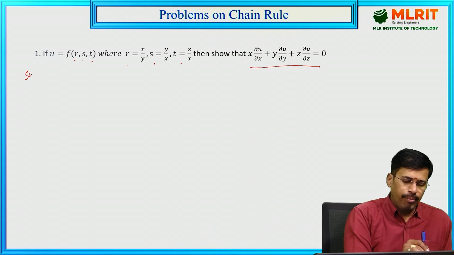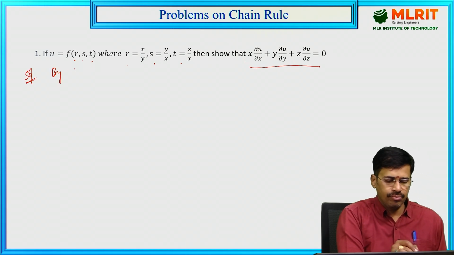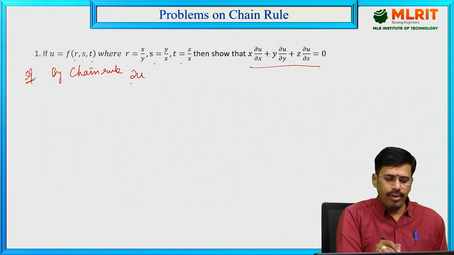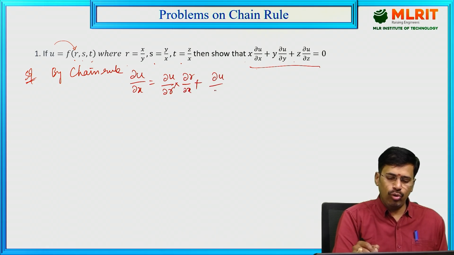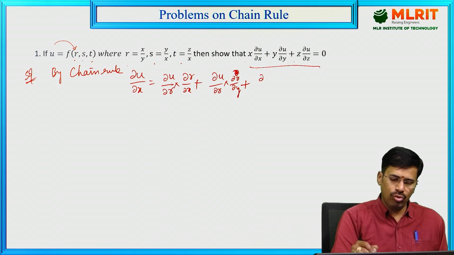First let us write by chain rule. By chain rule, dou u by dou x can be written as, since u is a function of r, first let us write dou u by dou r, now we can write dou r by dou x, plus dou u by dou s and this is dou s by dou x.